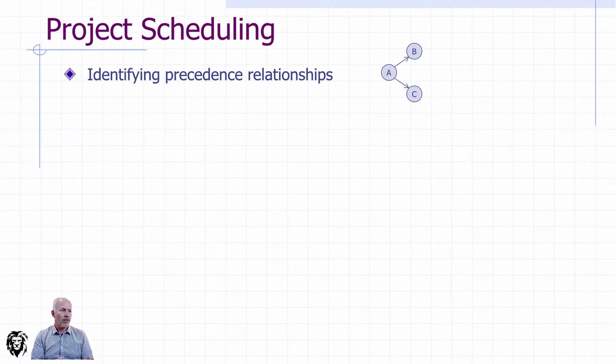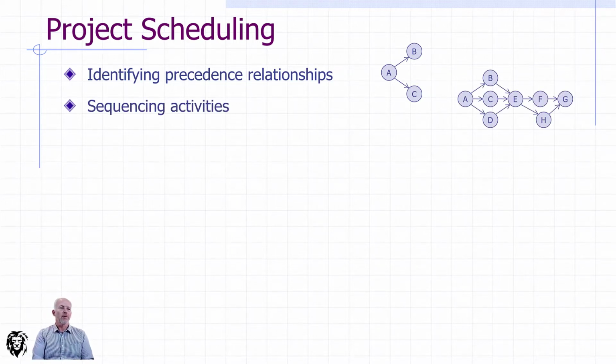And that is going to be our precedence relationship, which is going to empower us to come up with our network diagram. So with these precedence relationships, we're going to take all of our activities and connect them in a logical way that will sequence them and allow us to visualize the flow of activities that are required in order to get through to the end of the project.